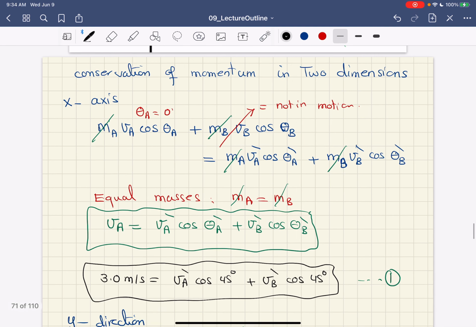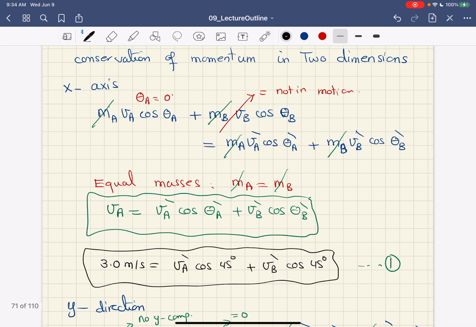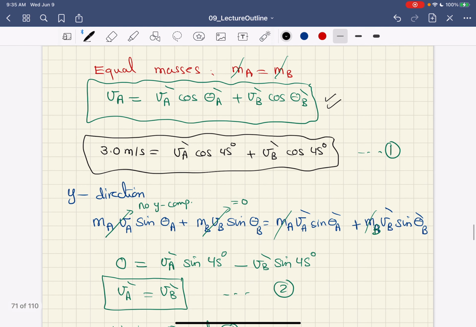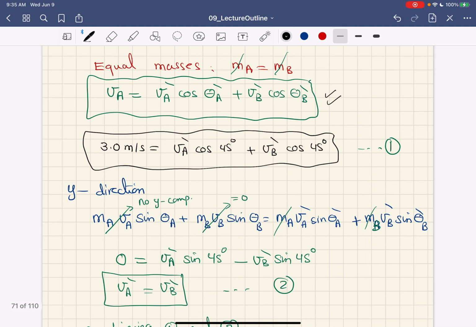Equal masses, this is going to let me cross out all the masses. Also, the first object was moving horizontally like this, then cosine 0 is 1. And the velocity of the second one was 0, then my equation is going to be this one, and I can plug my numbers in it, and this is number 1.